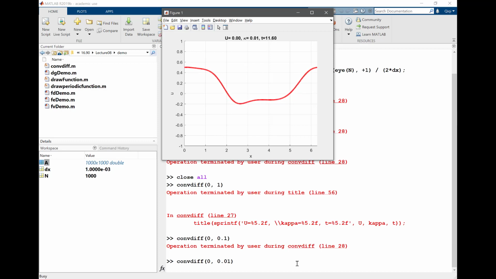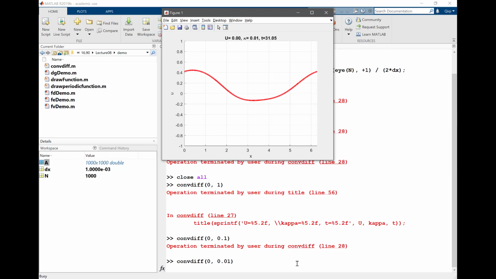Eventually everything becomes flat, as you saw before. So this is the effect of the second order derivative.